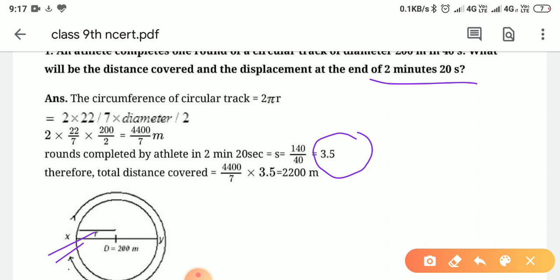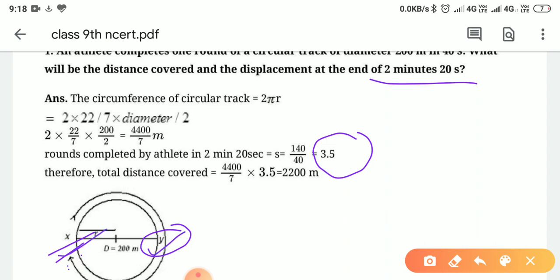Half round means, what will be its final position? If it starts from x, after 3 rounds it will be at x, then in the other half round it will move from x to y. It means its final location will be just opposite to that position. Its final position is y, its initial position is x.